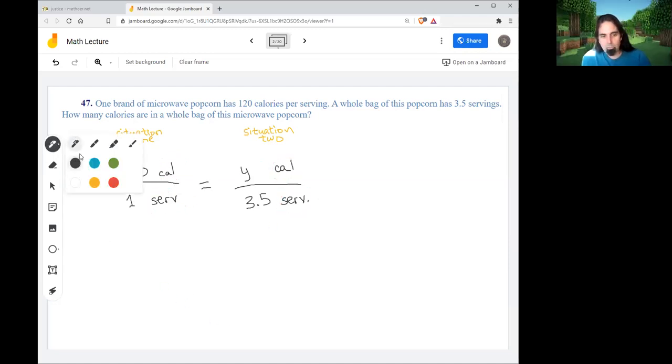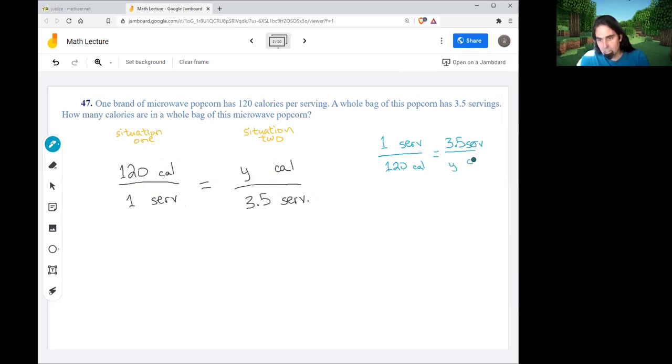Could I have flipped everything? Yes. If you wrote this 1 serving is 120 calories, so 3.5 servings is how many calories? There's nothing wrong with that. Most people will write it the same way, just because as the sentence goes from left to right, that's how you label your first thing.